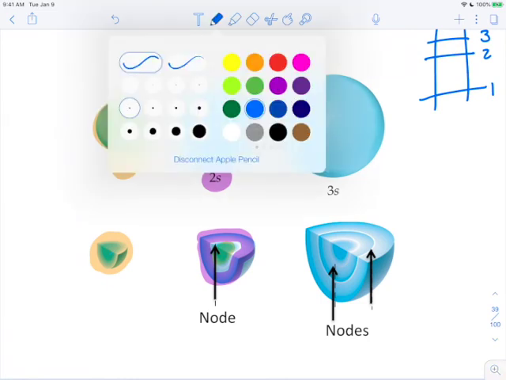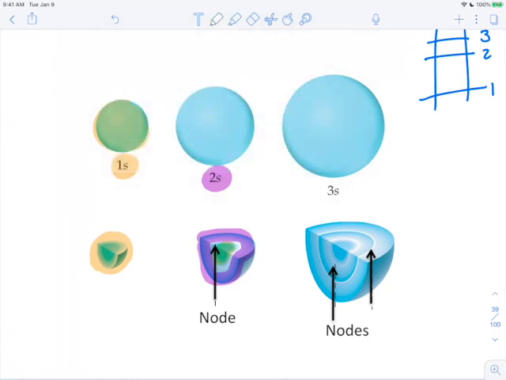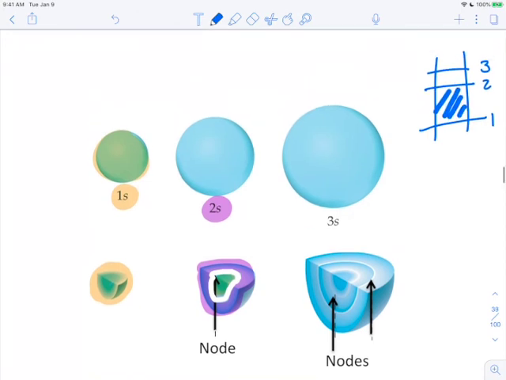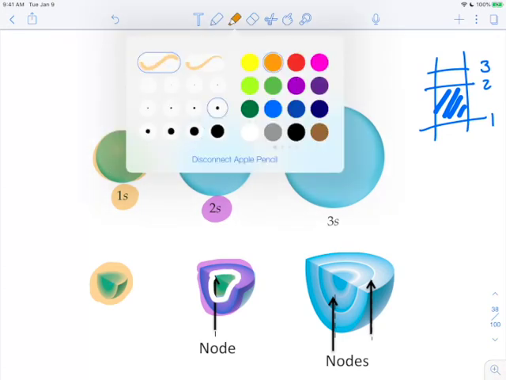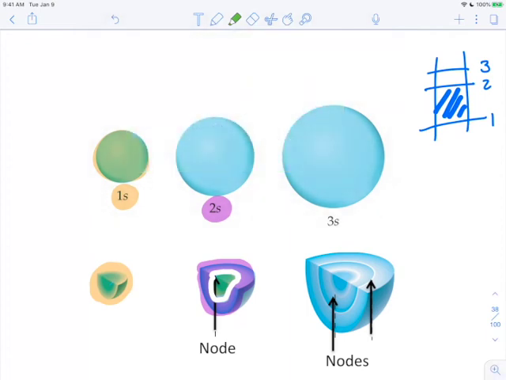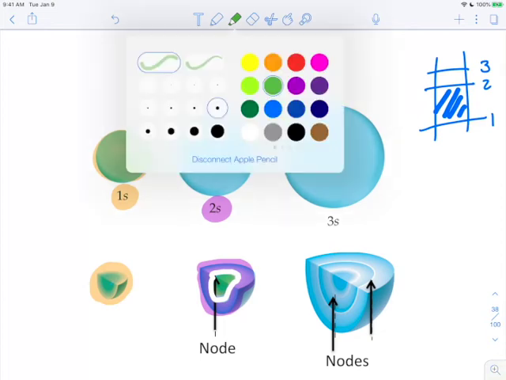and then we have something that we call a node, and the node is that space in between the orbitals. It is like the space in between the rungs of the ladder where we said that the electrons cannot be. So the electron, if it's a 1s electron, it can travel around inside of here. Let me grab a better pen.